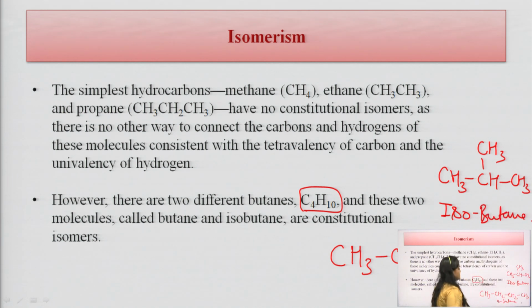So here we can see the number of carbon atoms and hydrogen atoms will be the same. There are 4 carbons, 4 carbons, 10 hydrogens, 10 hydrogens, but the structure will be different. This is normal structure and this is iso structure. So this is isomerism.